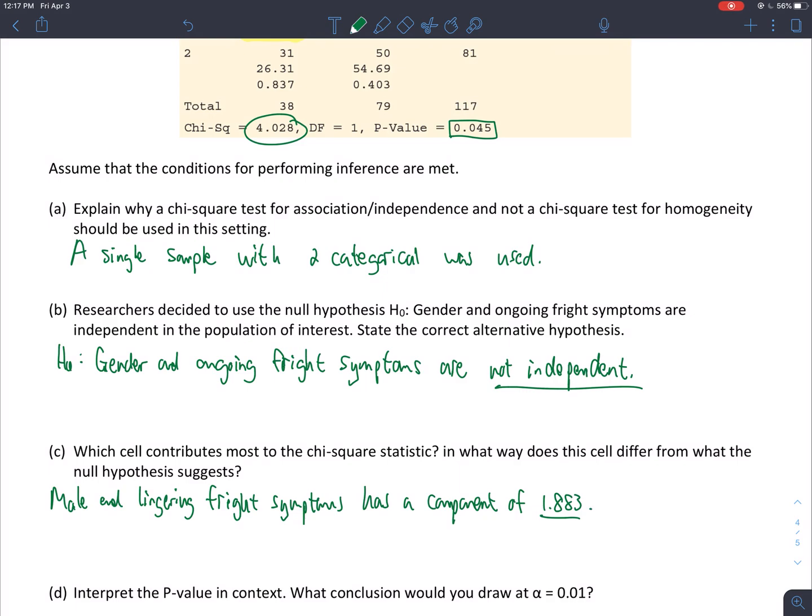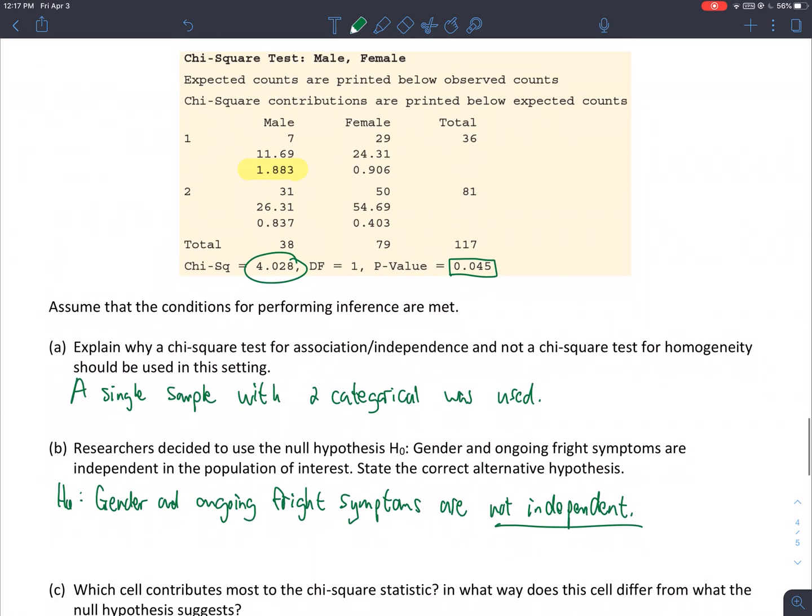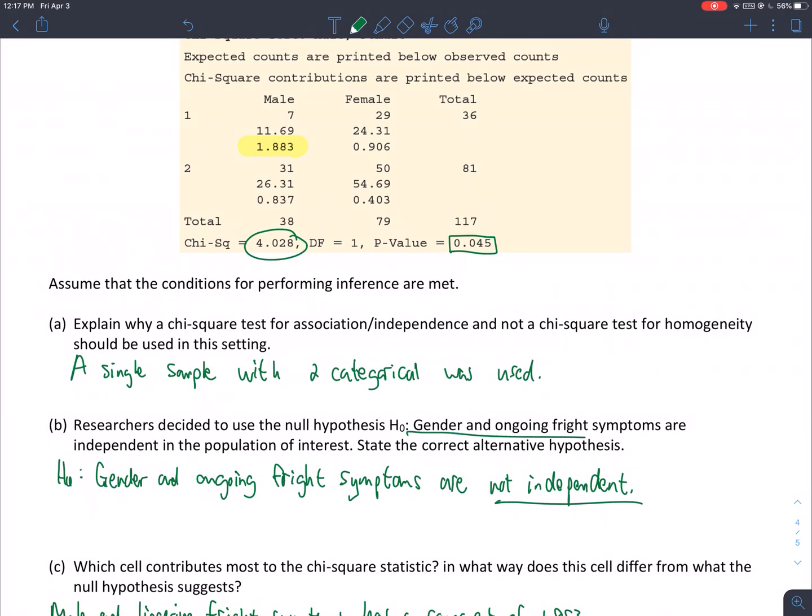And then what was the second question? In what way does the cell differ from what the null hypothesis suggests? The null hypothesis is there's no association, independent.